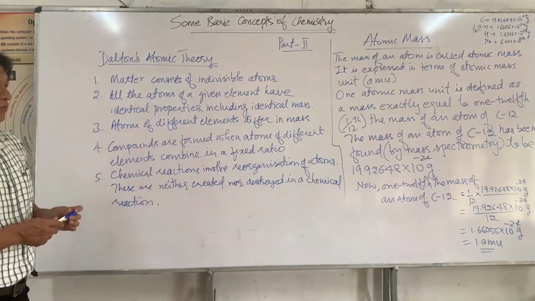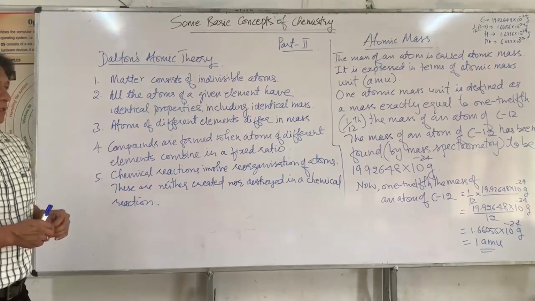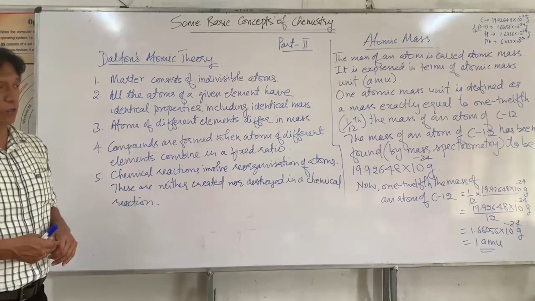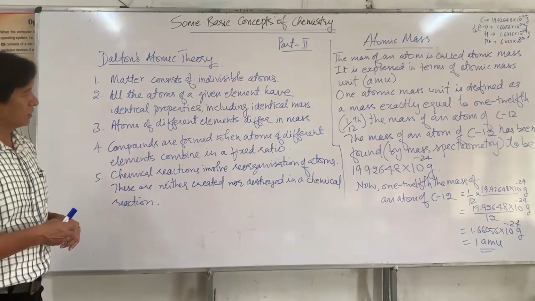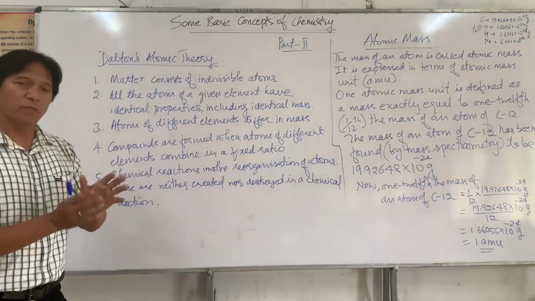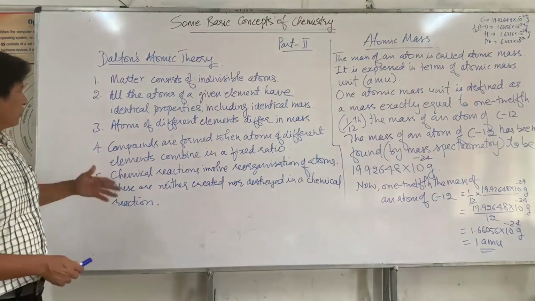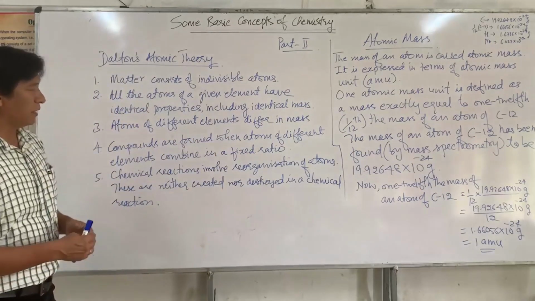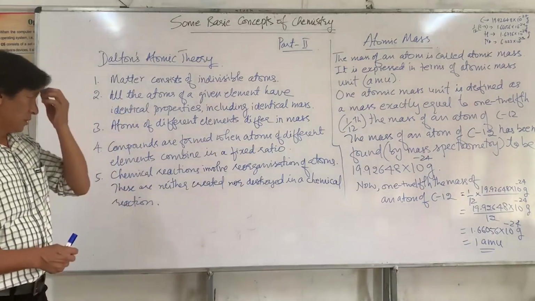Like in the case of argon, potassium and calcium, you know that these are called isobars, and they have the same mass. And the fourth point here says compounds are formed when atoms of different elements combine in a fixed ratio.